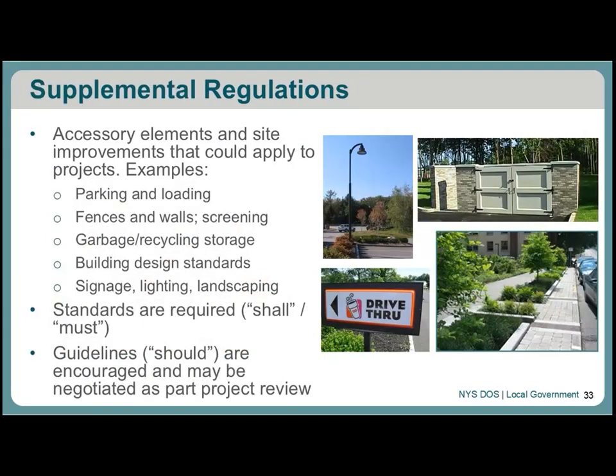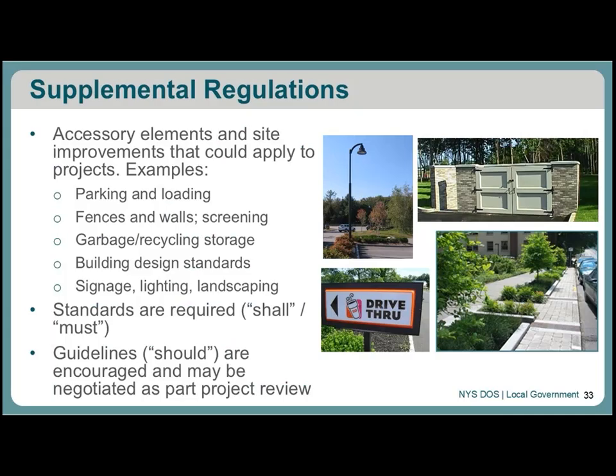And then other supplemental regulations are for additional structures or site improvements that are associated with the primary use of the property. So these are often standards or guidelines that you're trying to proactively address any potential impacts or nuisances.